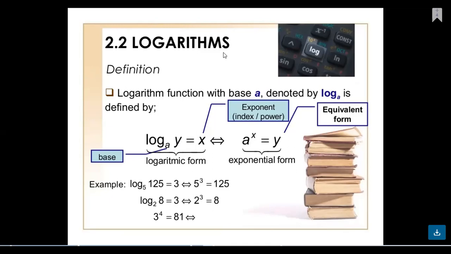Ito kasi ginagamit madalas kapag mga interest, yung may taon. Kada taon, magko-compound tayo ng interest. So, best way to solve it is by using scientific calculator, using log.